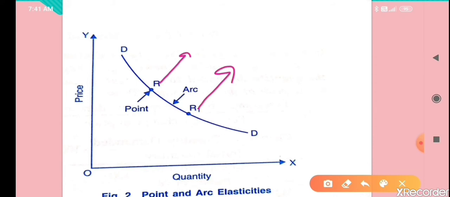Calculating the elasticity between these 2 points, the method we use is known as the arc elasticity method, or this elasticity is known as arc elasticity. We can calculate it by two methods: the percentage change method and the total expenditure method. How we will calculate, we will discuss in the next slide. First we go through the percentage change method.